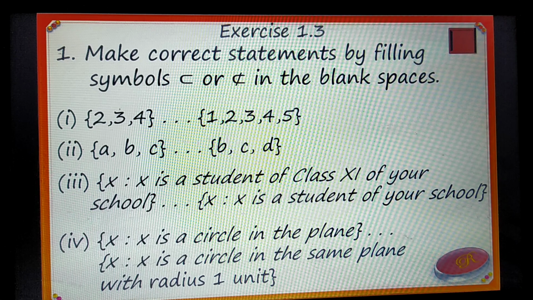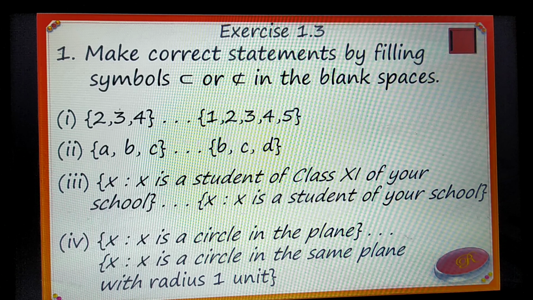Exercise 1.3. Question number 1. Make correct statements by filling the symbols subset or not subset in the blank spaces. Number 1.